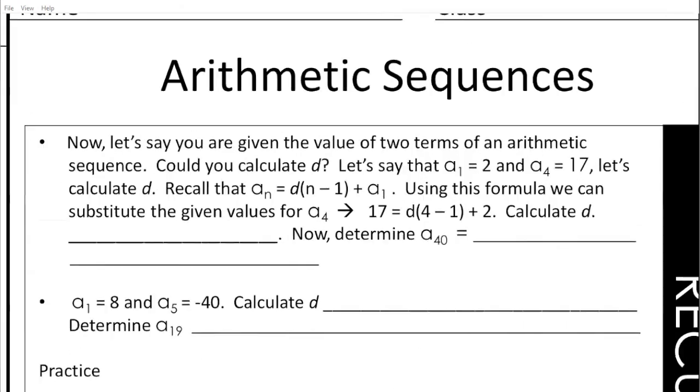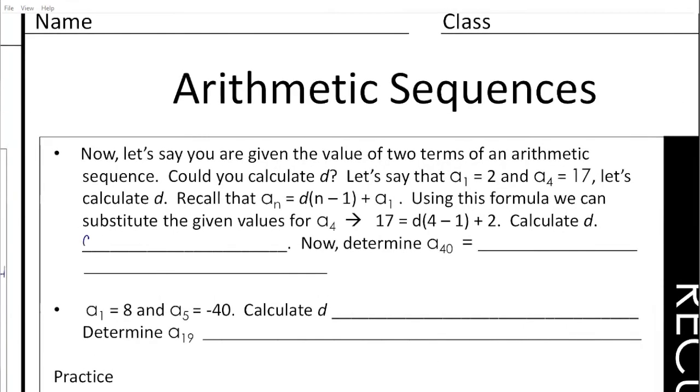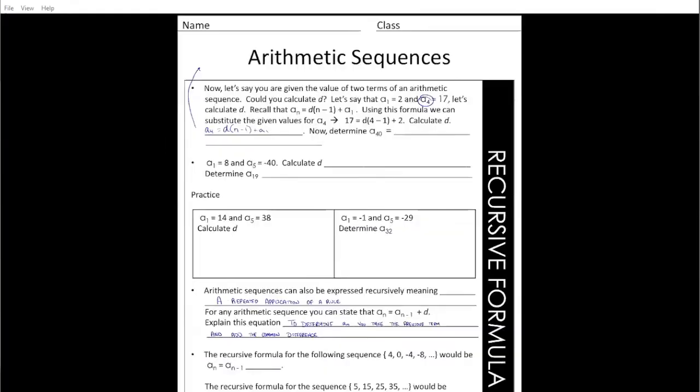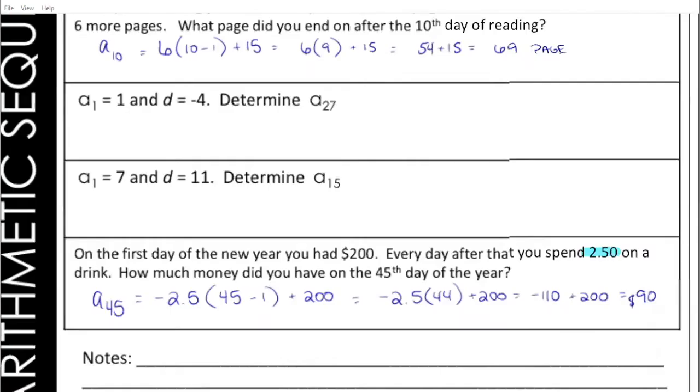Okay, so our first term is A4 equals D(n minus 1) plus A1. So we know A4 is 17. Guys, I'm going to move my work up here a little bit so I've got more room to work with.